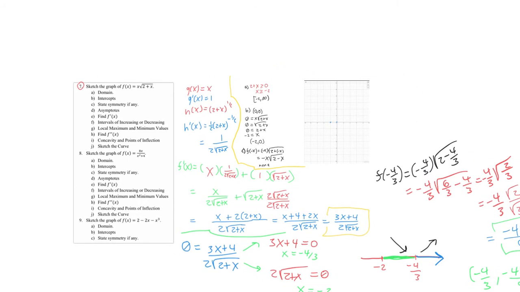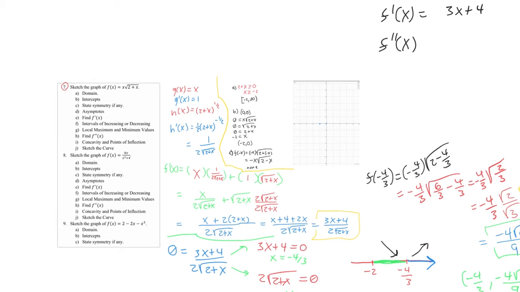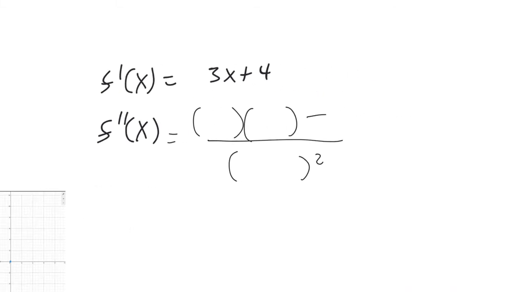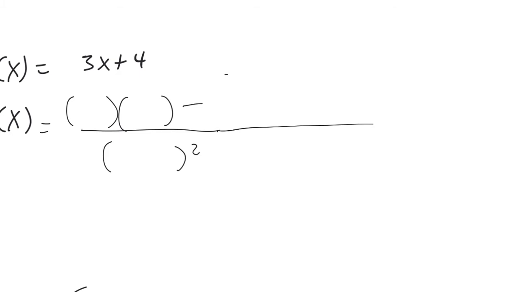So I'm going to write that up here. f prime of x was 3x plus 4 over something, so f double prime of x is going to turn out to be a fraction type situation. And we're going to use the quotient rule. So we'll extend that. It's going to be a big parentheses situation.